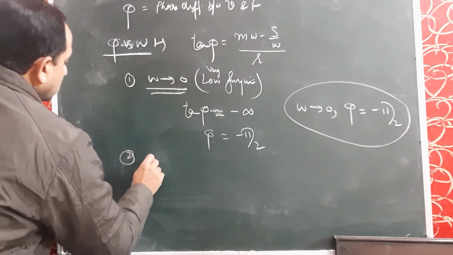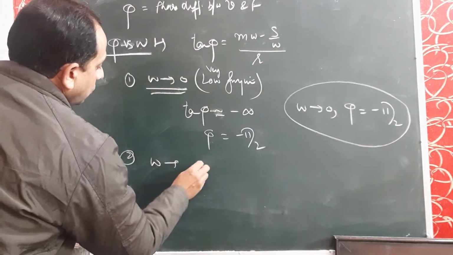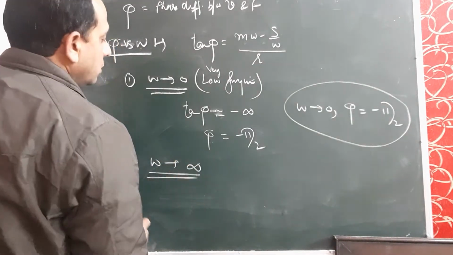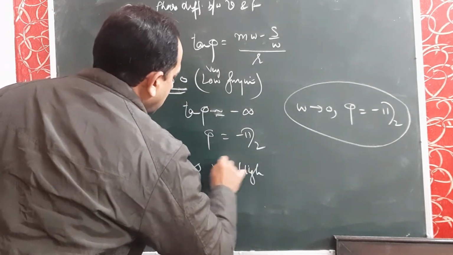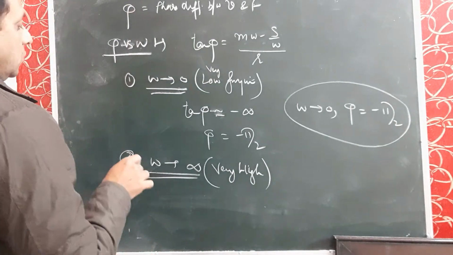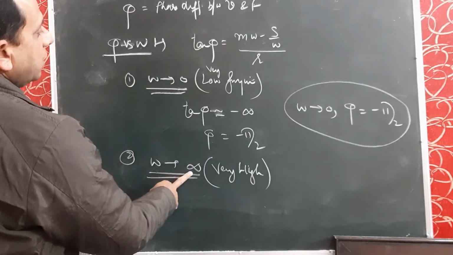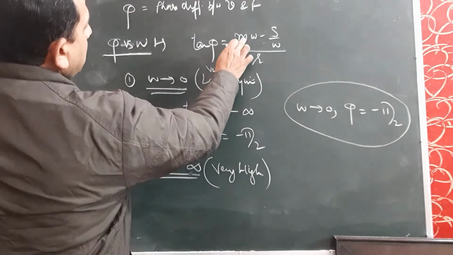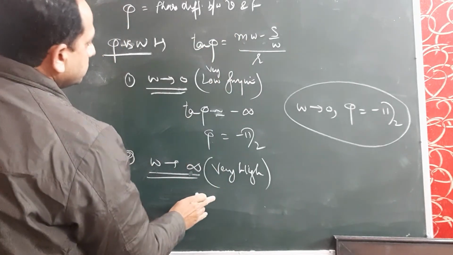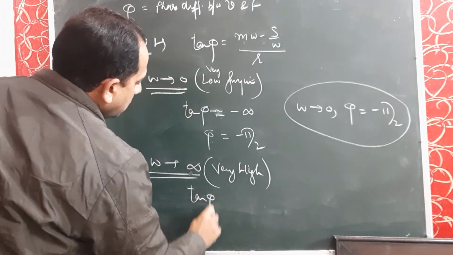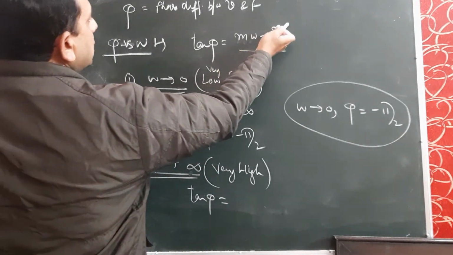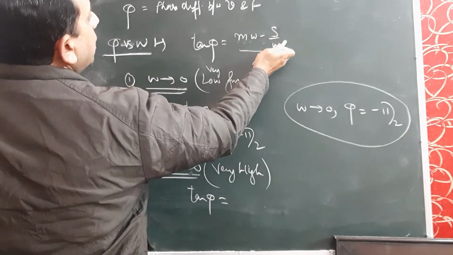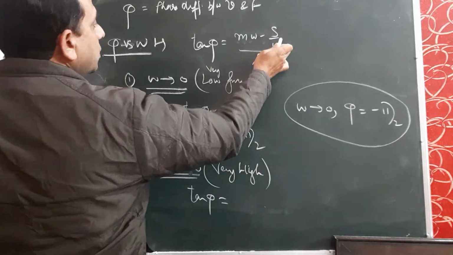In the second case, omega is very high, that is, infinity, very high frequency. When omega tends to infinity, in tan phi, m into infinity means infinity, and minus s upon infinity becomes 0, because something upon infinity is 0.